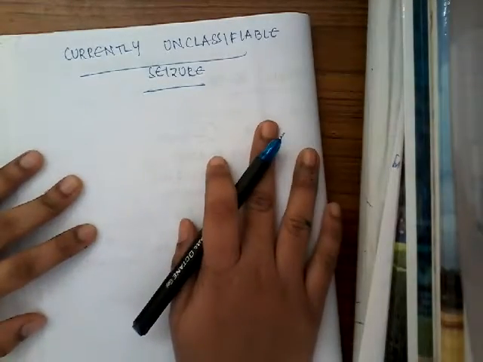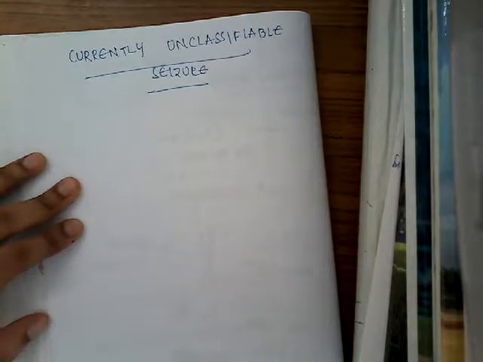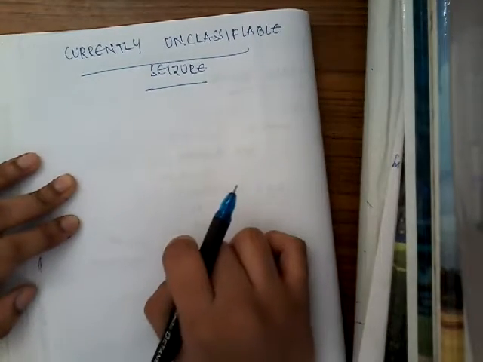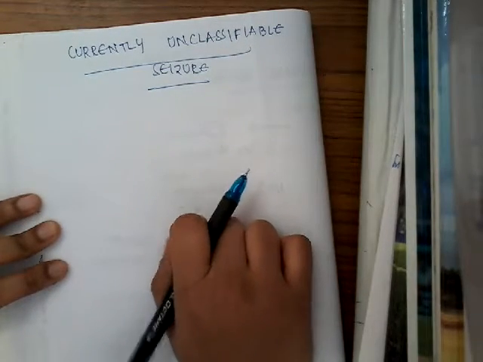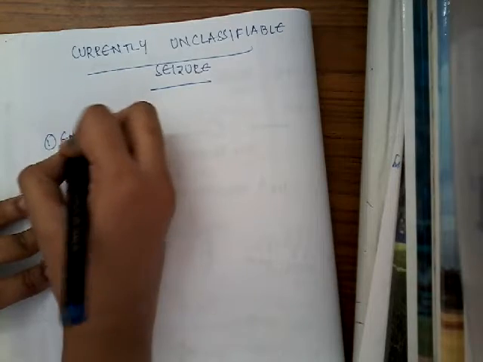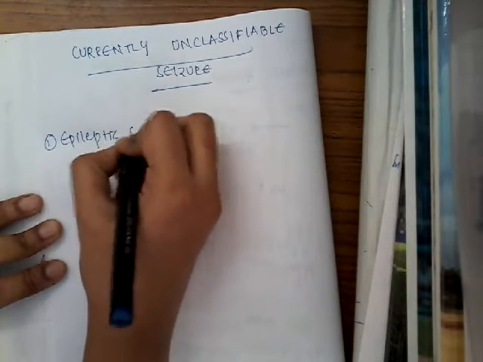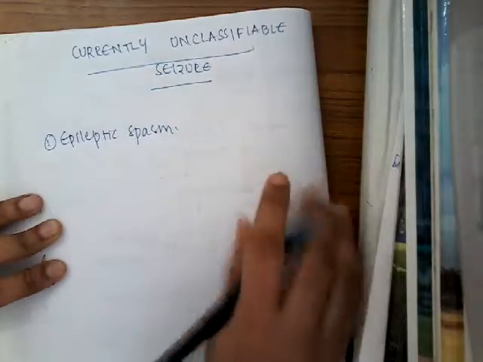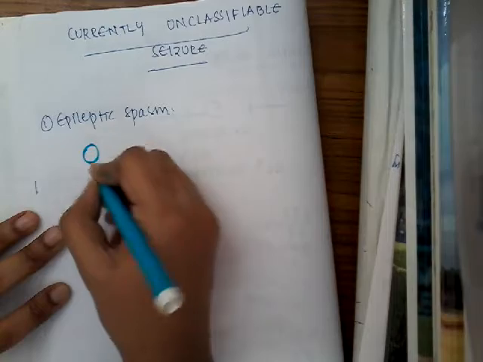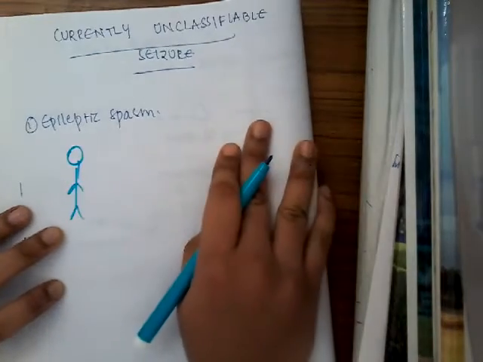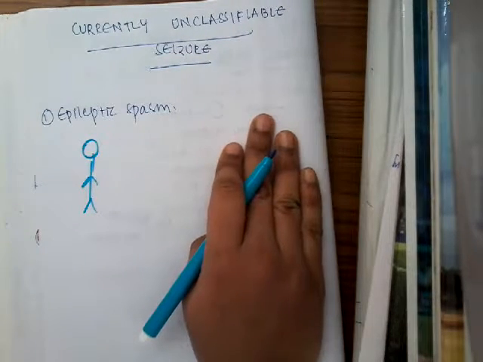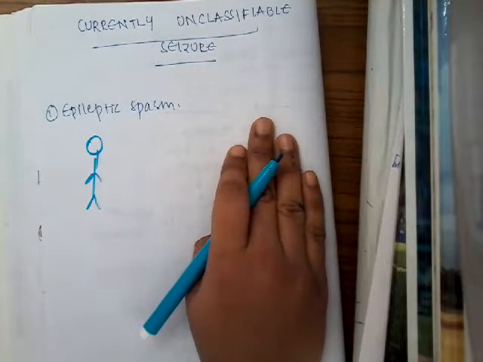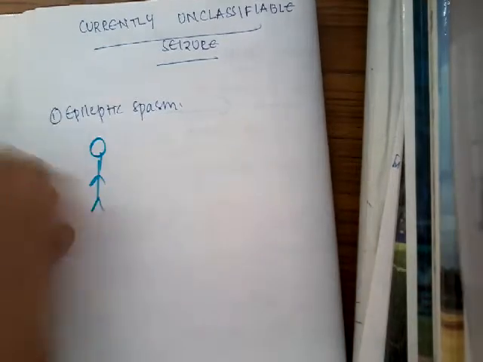So in currently unclassifiable seizures, we are not able to classify them. They are not focal seizures and they are also not generalized seizures. Then what are they? They are called epileptic spasms. Here the person has sustained flexion or extension of only the proximal muscles.